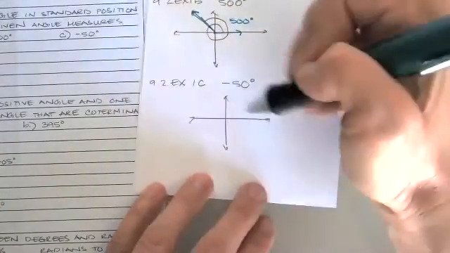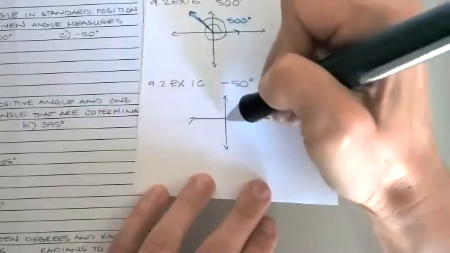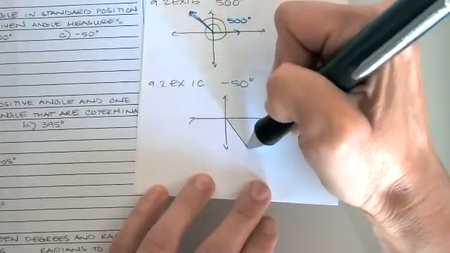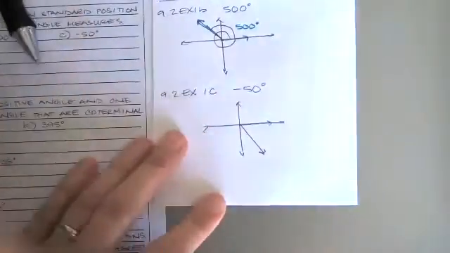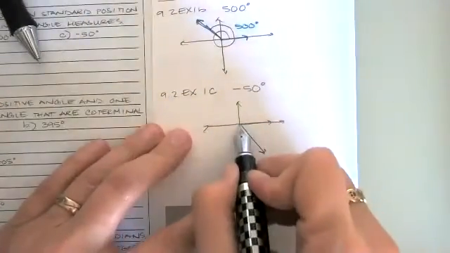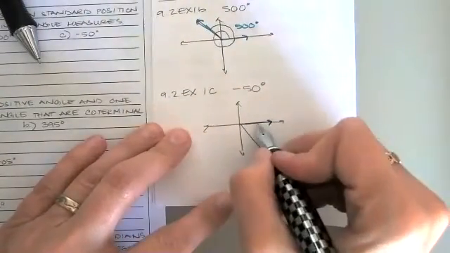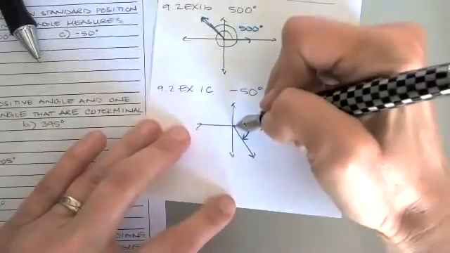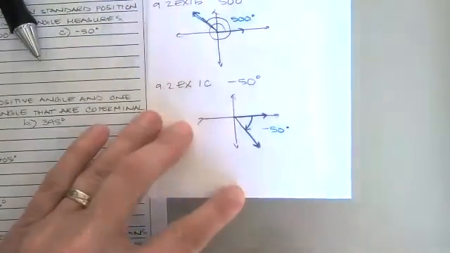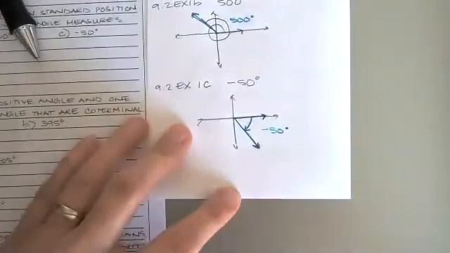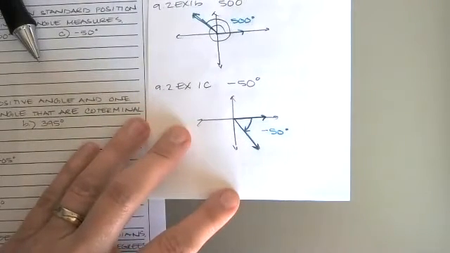So 50 is just a little bit past the halfway, something like that. So this is our initial side, and we're counting this way to the terminal side. So this would be negative 50 degrees. Anything crazy or unexpected happening there? Okay, great.